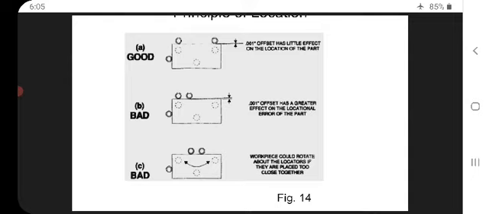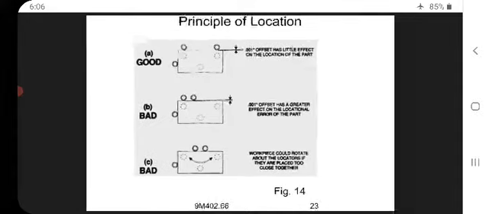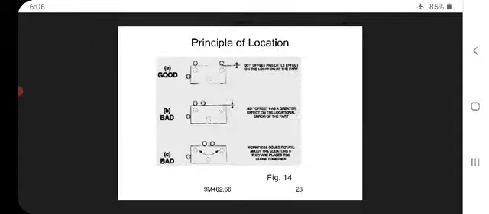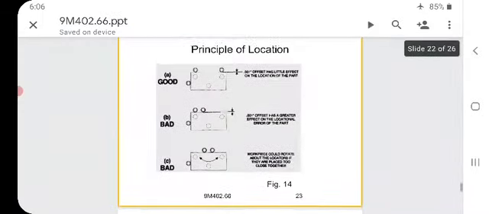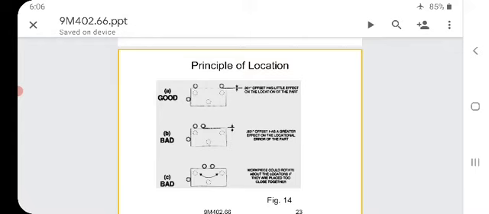The top two locators are placed side by side and one is far away. And C is also bad. See, B and C are the same. For C, the workpiece could rotate about the locators because they are placed too close together. So, that is the principle of location.